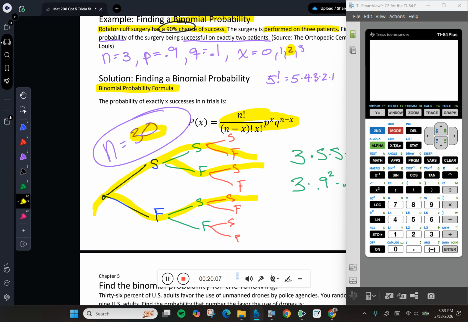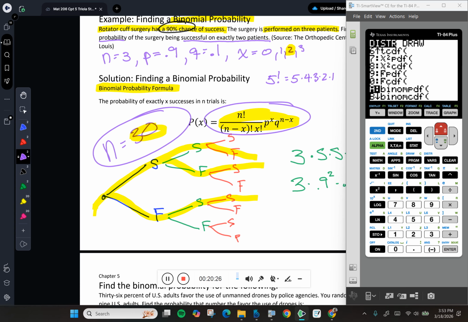So here's where it's hidden. See above the variables key where it says distribution there? If I go there to the distribution and I scroll down, I'll find something called binomial PDF, my binomial probability density function. That's the fancy way of saying this guy. I'm going to grab that, and it's going to ask me, how many trials?